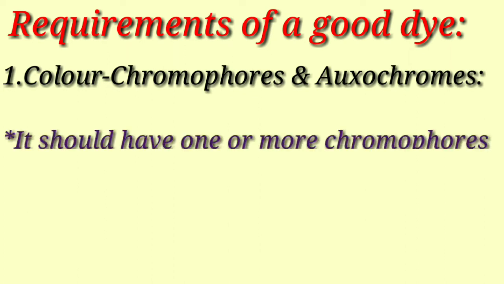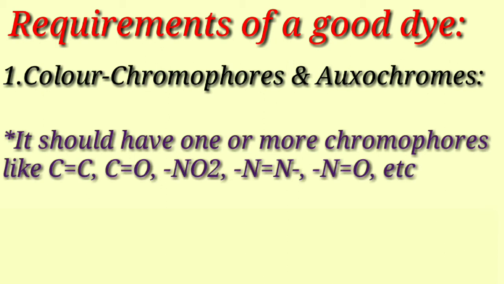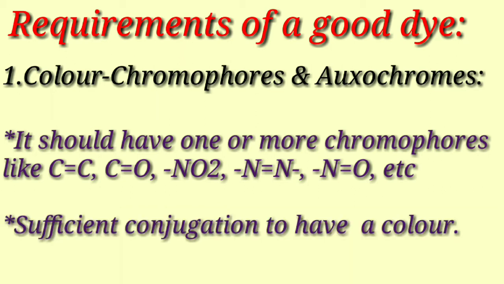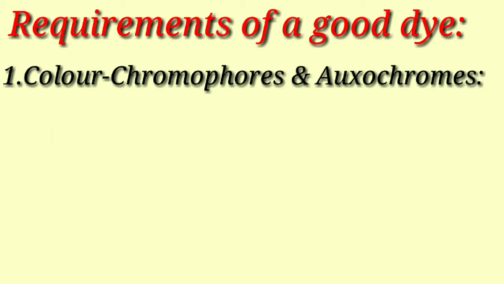So remember students, the dye molecule must have one or more chromophores such as carbon-carbon double bond, carbonyl group, nitro group, azo group, etc. and also sufficient conjugation so as to have a color.